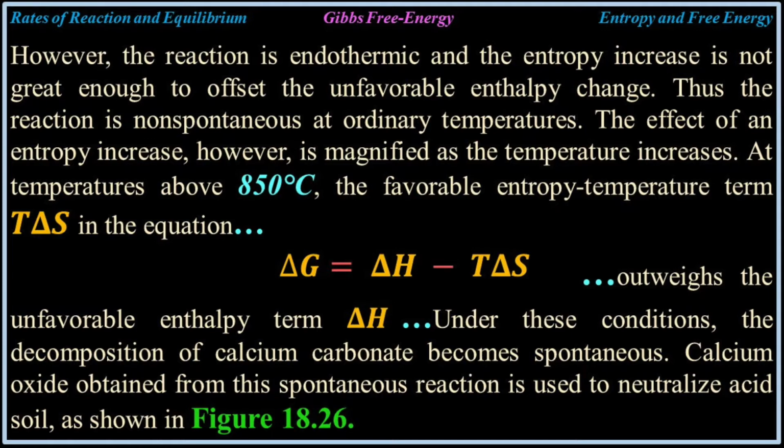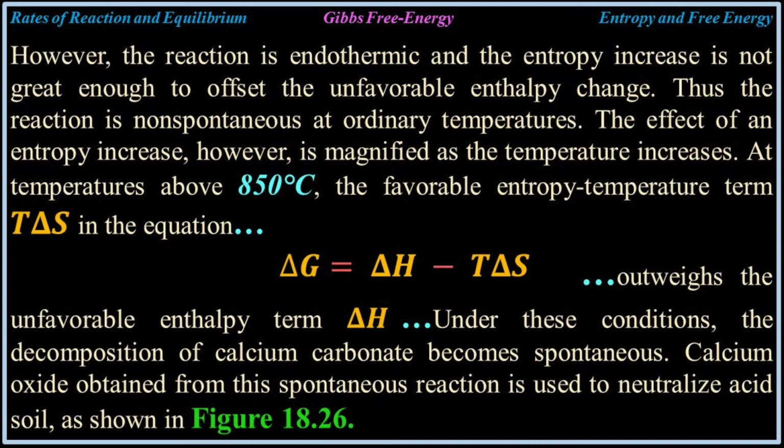The effect of an entropy increase, however, is magnified as the temperature increases. At temperatures above 850 degrees Celsius, the favorable entropy temperature term, T delta S, in the equation delta G equals delta H minus T delta S, outweighs the unfavorable enthalpy change, delta H, term.